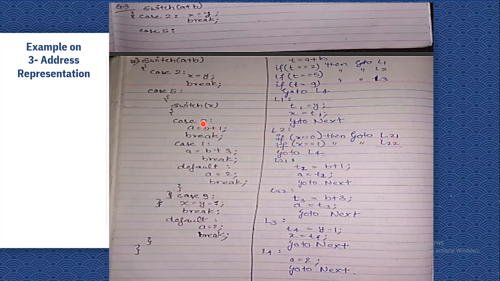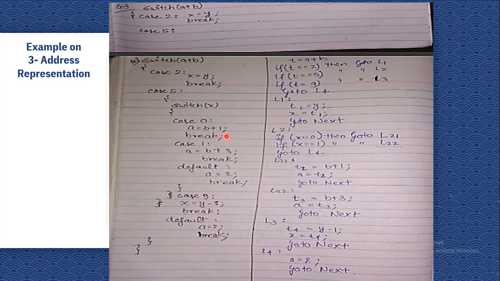If the value of x is 1, then go to L22. And if both the cases are not true, then go to the default, which is L4. Why L4? Because the value of this default and the value of the other default are the same. Go to L4.